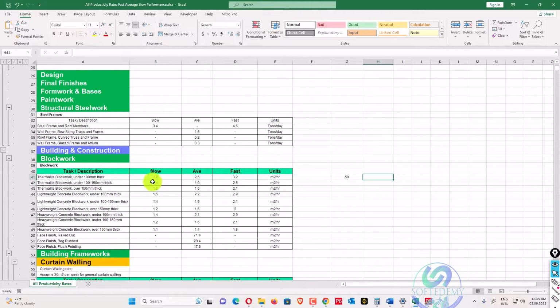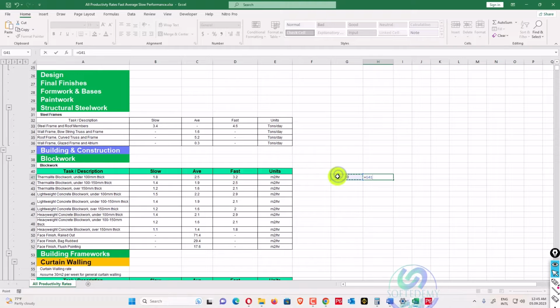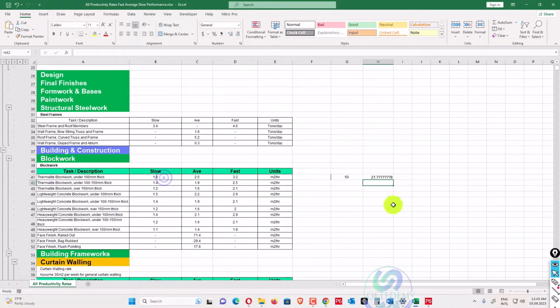This is 1.8 slower, so what we'll do is 50 divided by 1.8. If we have only one crew, we'll get 27.778. What is it? It's just hours. You can see meter square per hour, so we have 27.77 hours to complete that work.